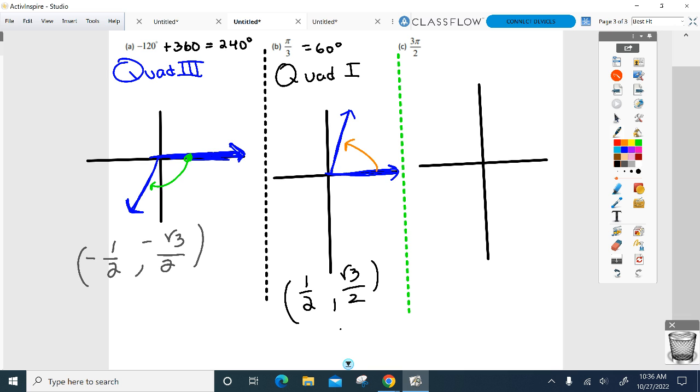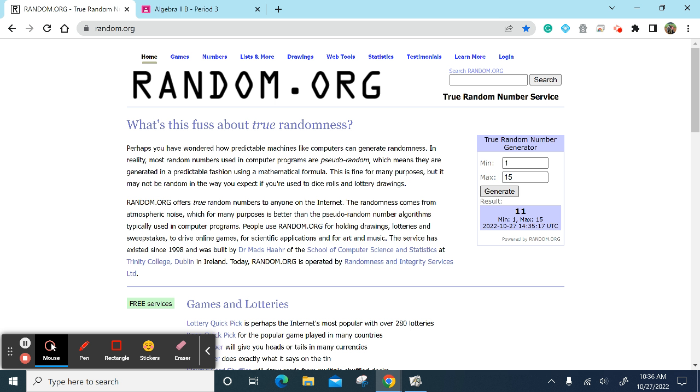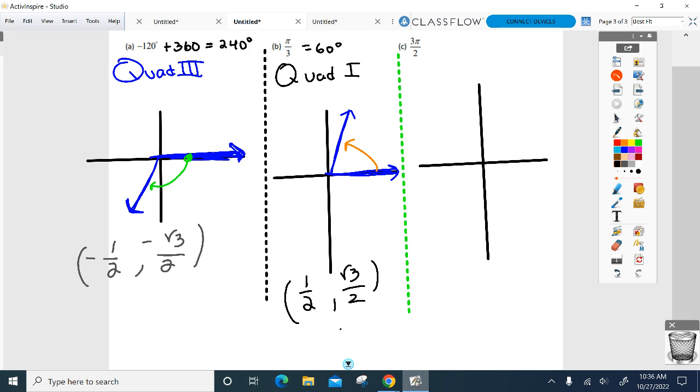And finally, 3 pi over 2. That's not a famous one, but a quick one. 270. Oh, thanks, Jared. Ooh, we haven't graphed one of these yet, have we? I'm not going to ask for a quadrant. Why not? It's on the line. It's a quadrantal angle, so there's no quad. Graphing it. Where's my terminal side?